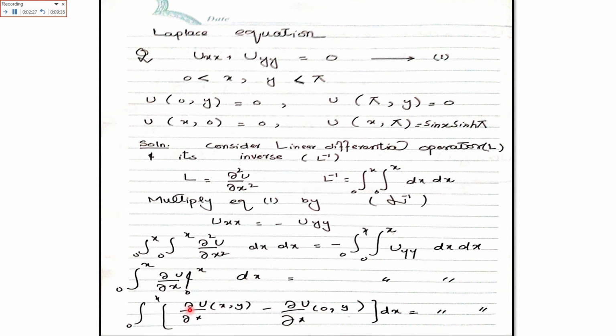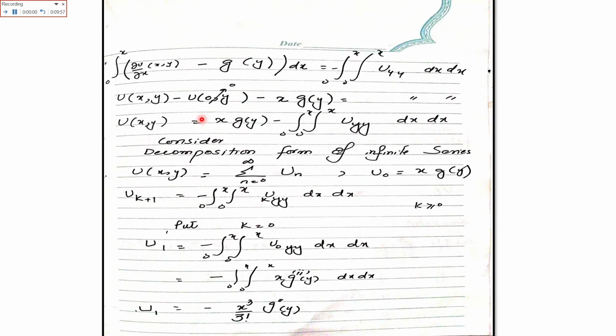It becomes ∂u/∂x (x,y) minus ∂u/∂x (0,y), as x changes from 0 to x, so this is the final value at x and at 0. Here we can have the integral from 0 to x of ∂u/∂x (x,y) minus g(y) dx.